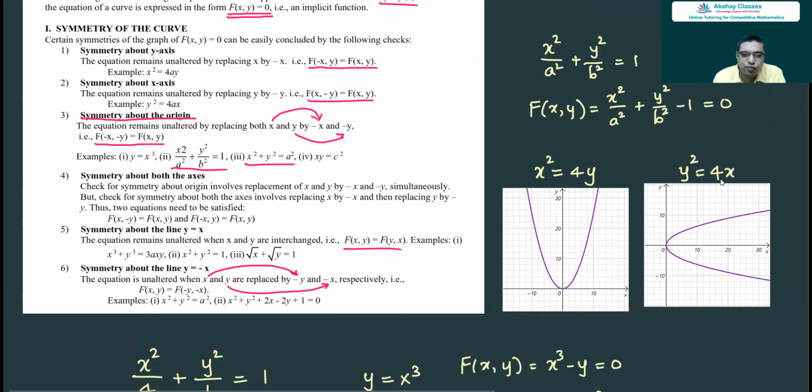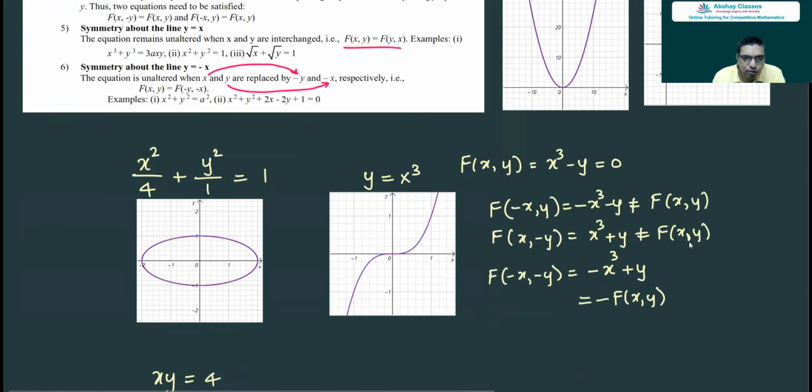So when x is greater than 0, y exists, and there are two values of y for any value of x greater than 0. But if x is negative, y is not defined. So the curve does not exist on the negative side of the x-axis.